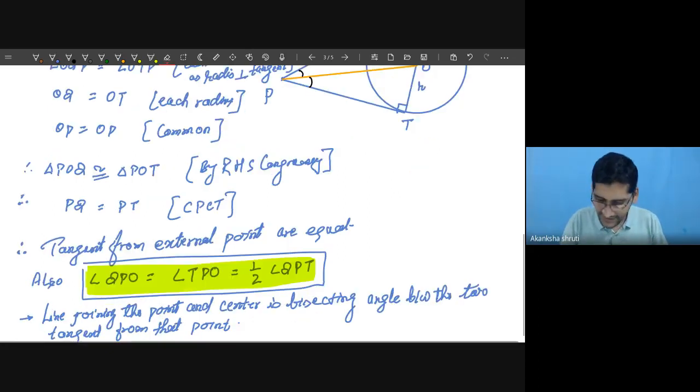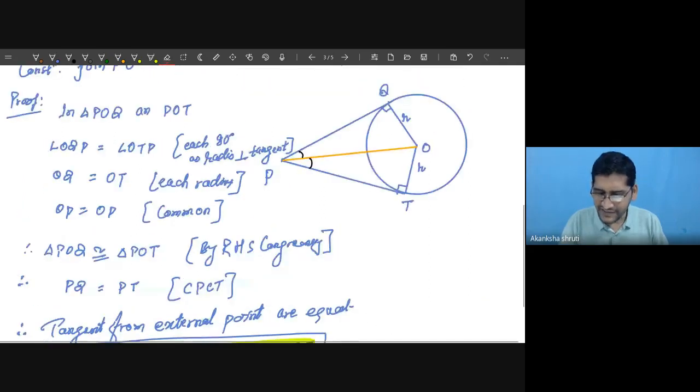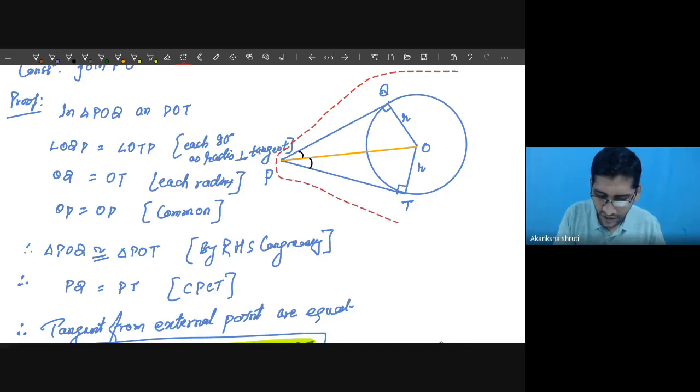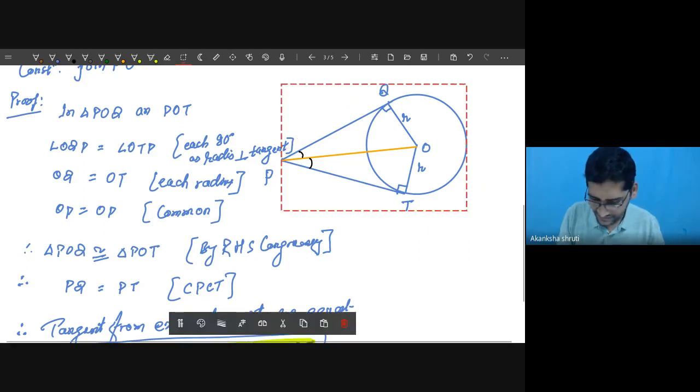And if it is asked that the line joining the center is bisecting, then you have to prove it as we have done. We will solve some questions where we will use it directly, like similarity, which is the next topic. So just see how I am going to use this.